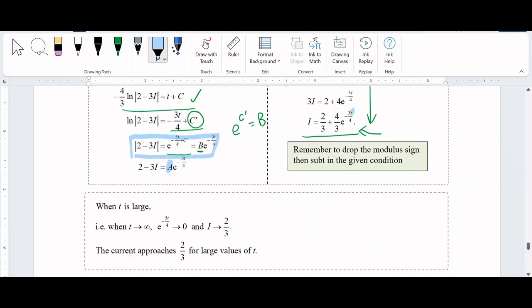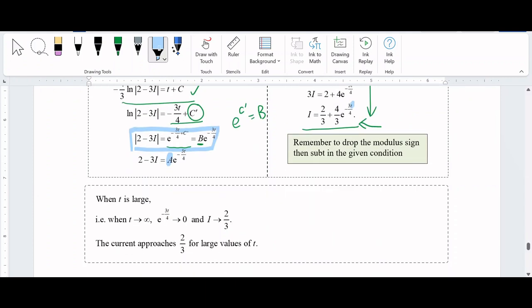And that explains why when t is large, meaning t tends to infinity, our e to the power of negative 3t over 4 will tend to 0. Since we have found the expression for I, this would mean that your I will tend to 2 over 3. So the current approaches 2 over 3 for large values of t.